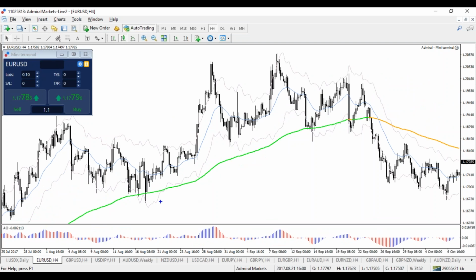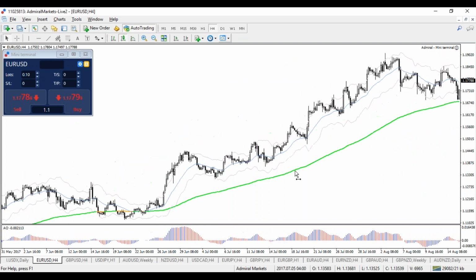What I mean is that it is not the EMA itself that is necessarily the bounce spot. It's more like an area, a zone where price could bounce. But eventually, if price does break through it the second, third time, then a bigger trend in the opposite direction could happen.